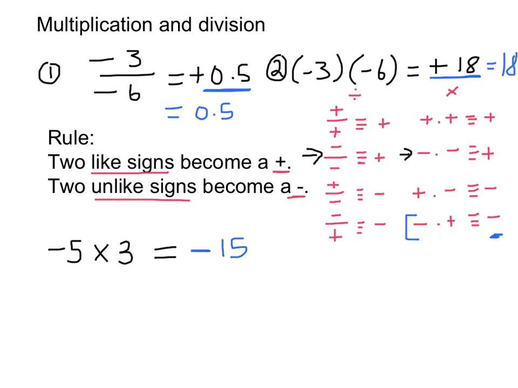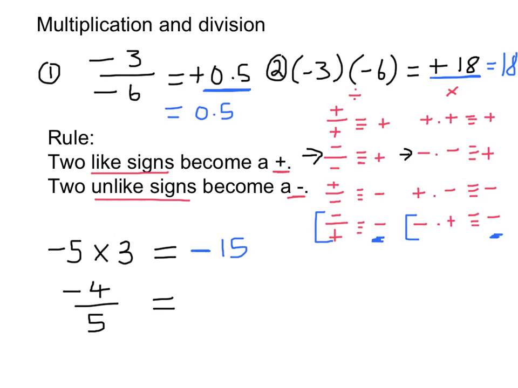Let's try one more division one. Let's say minus 4 divided by 5. Again, if we work out the signs part of it first, you have a minus divided by a plus. If I highlight the part of the rule I am using, it's a minus divided by a plus.